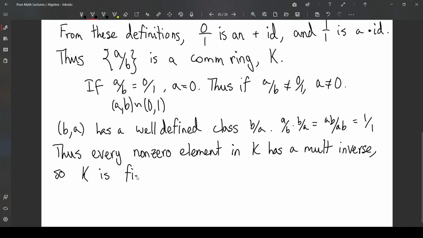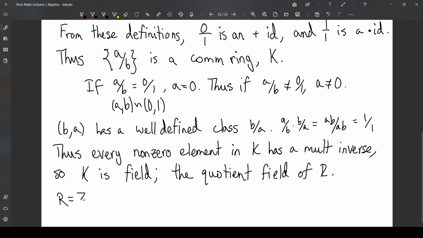And this is what we call the quotient field of R. So again, if you were to carry out this construction with R equal to the integers Z, then you would get the field of rational numbers Q.